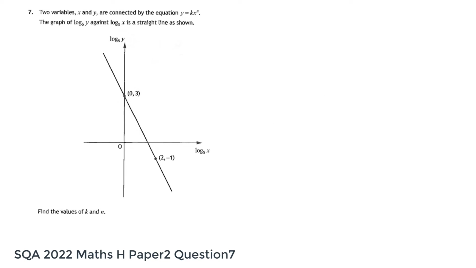So, first of all, let's look at a more familiar setup, we'll call it the normal setup, which is not the one we're looking at. That's where we've got an x and a y variable passing through 0, 3, that's the y-intercept, and a point 2, negative 1. Now, in a normal setup like this, we would use the fact that the equation is y equals mx plus c, where, remember, m is the gradient of the line and c tells you the y-intercept.